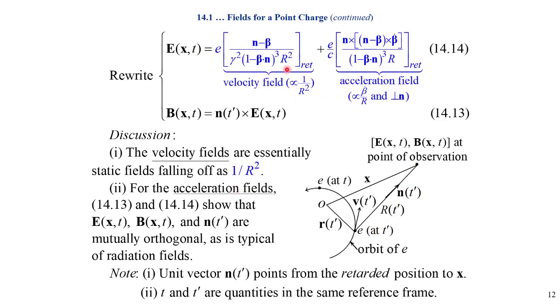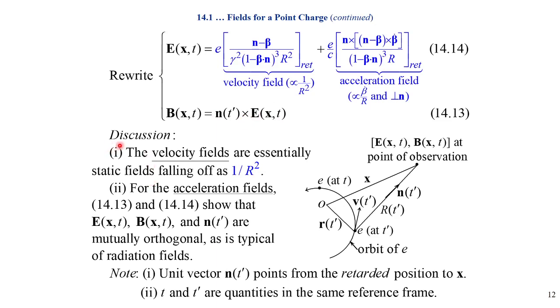The velocity field is proportional to 1 over R squared, while the acceleration field is proportional to 1 over R. So we can expect the acceleration field will become very important. And the magnetic field can be derived from n cross E.